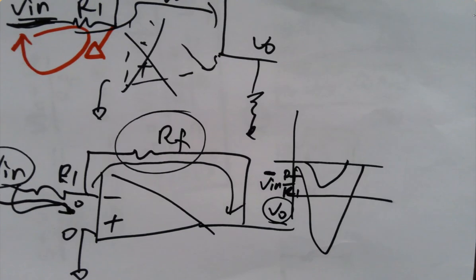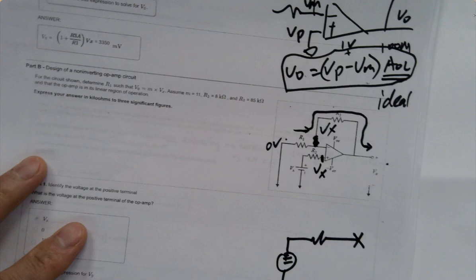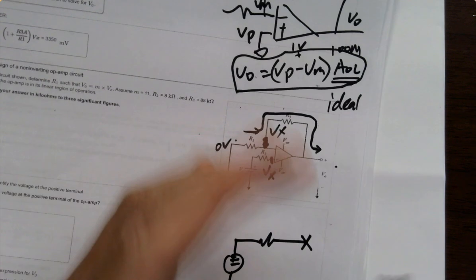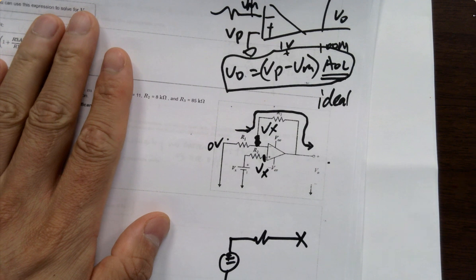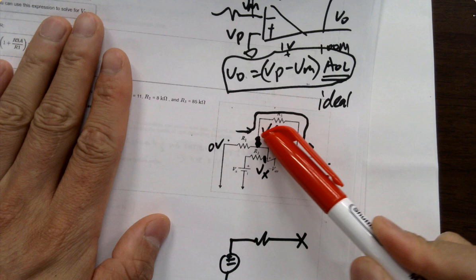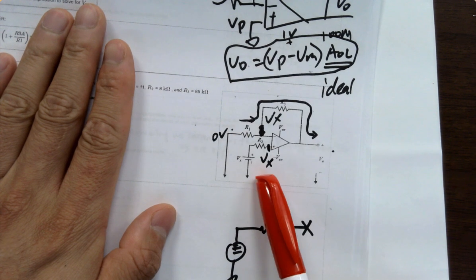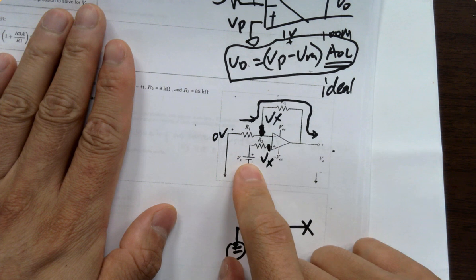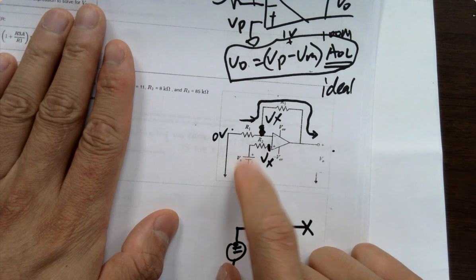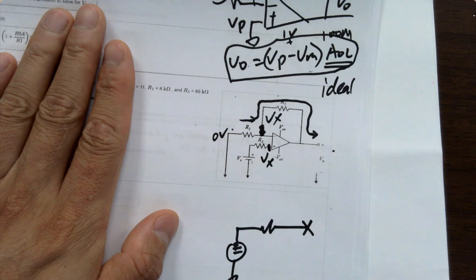I know it's confusing. I know. But just for this problem, Vx is over here. We know Vx is here, so we are able to find out V out. This is a non-inverting terminal. Just looking at Vx, right? Input voltage is being injected into the non-inverting terminal here instead of the inverting terminal.